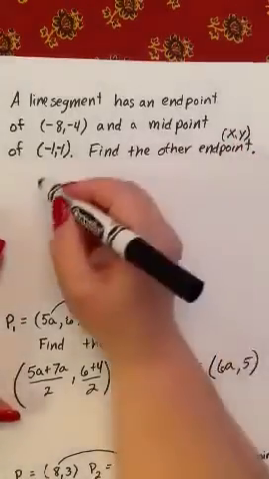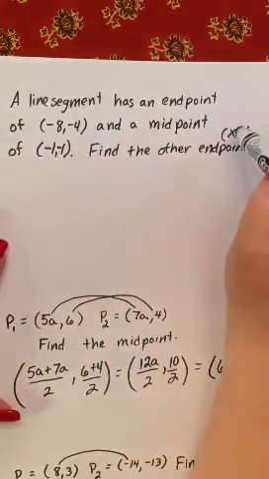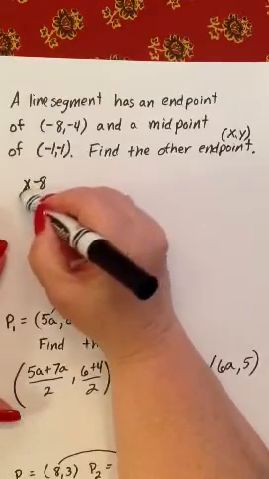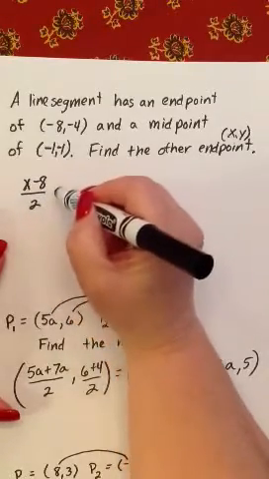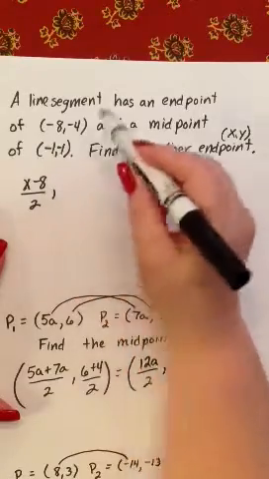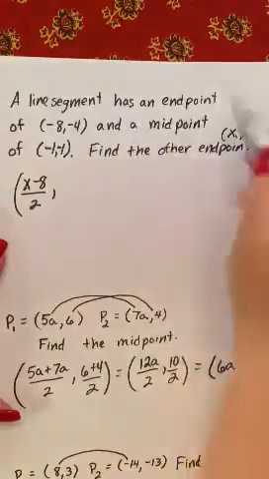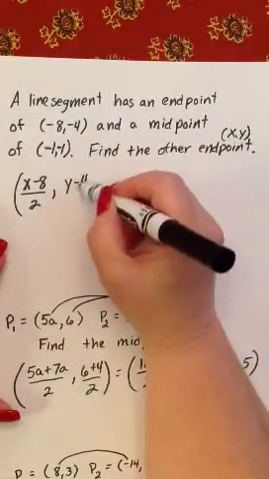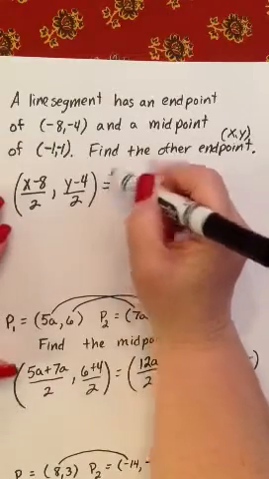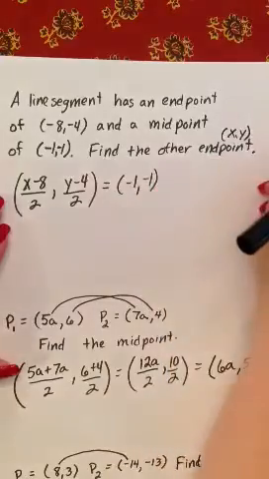So apparently then (x - 8) divided by 2 would be the x coordinate, and the y coordinate would be (y - 4) divided by 2. And these have to be equal to (-1, -1).